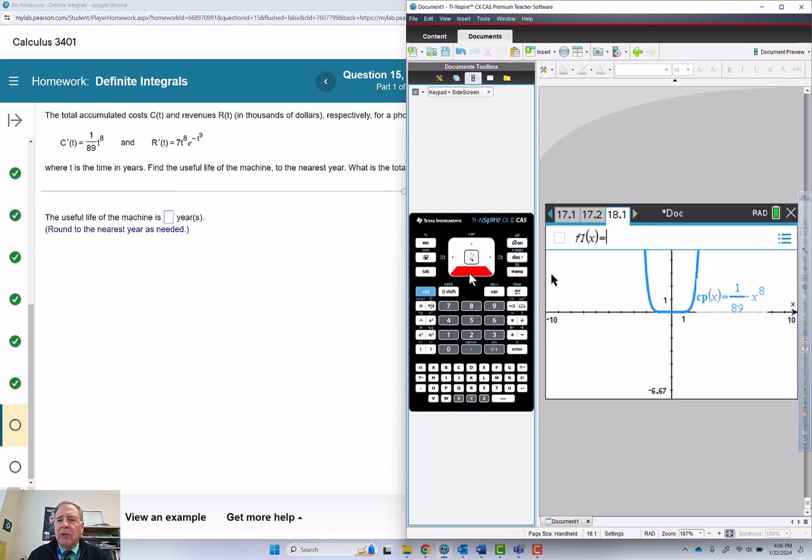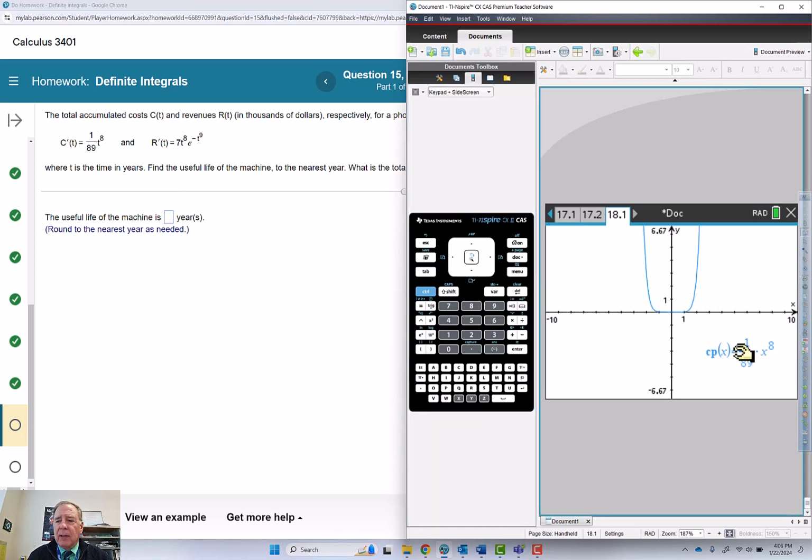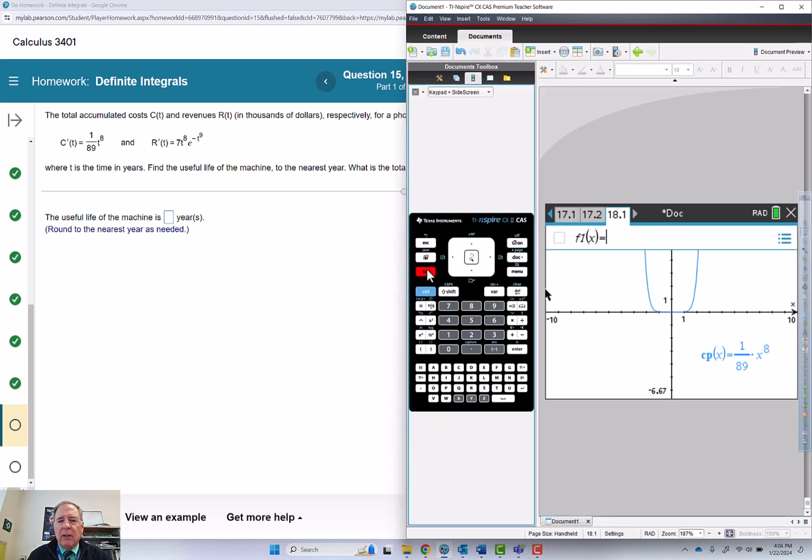And I'm going to put in another function immediately, so I'm going to go ahead and just hit down arrow. I'm going to call this RP, for revenue prime, and that's going to be 7 times x instead of t to the 8th power, get out of the exponent, times e to the power of negative x to the 9th power.